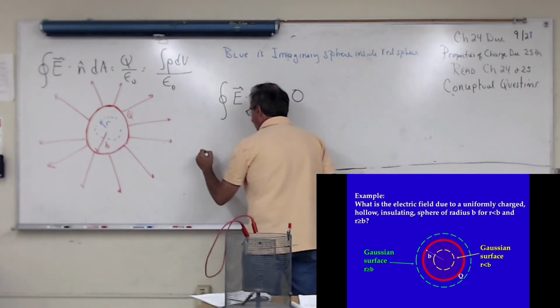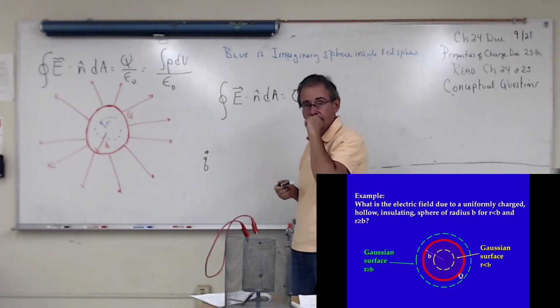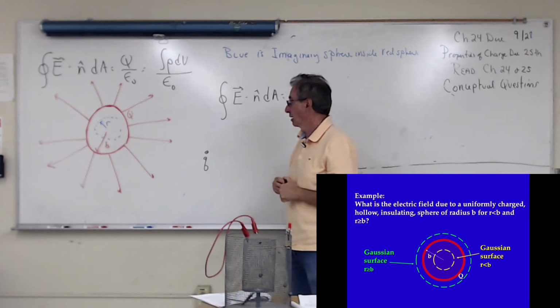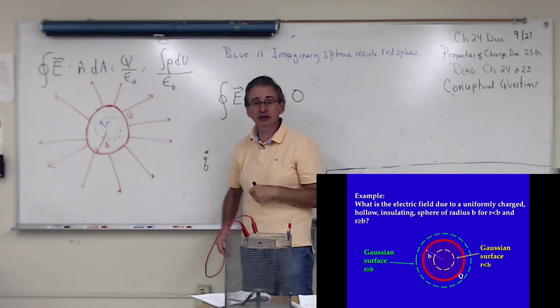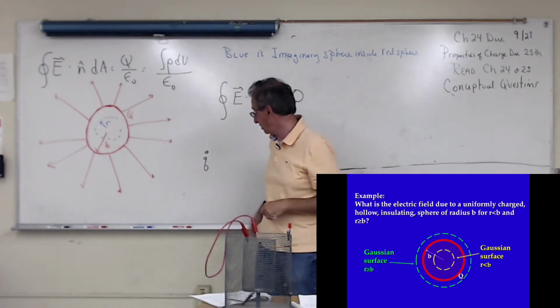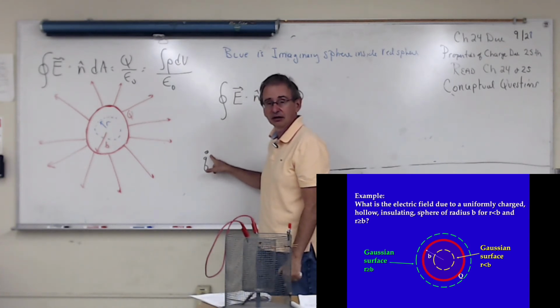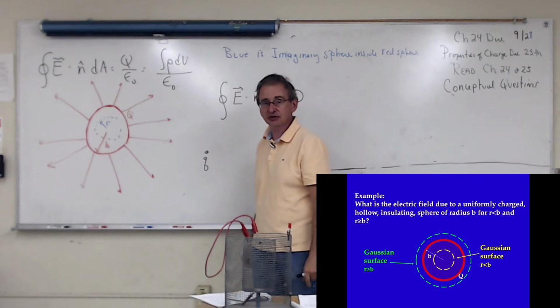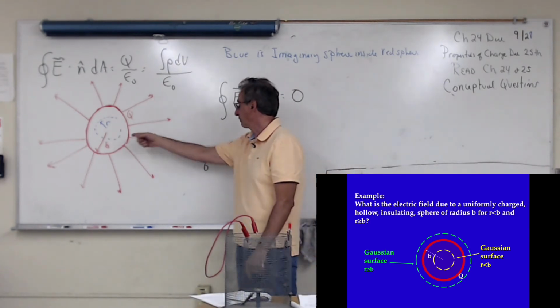If I had a charge over here, outside it, then what I have done is not sufficient for me to figure out what the field is inside there, because I haven't taken into account this thing. I would have to use another Gaussian surface to actually try to figure out what the field is over there.